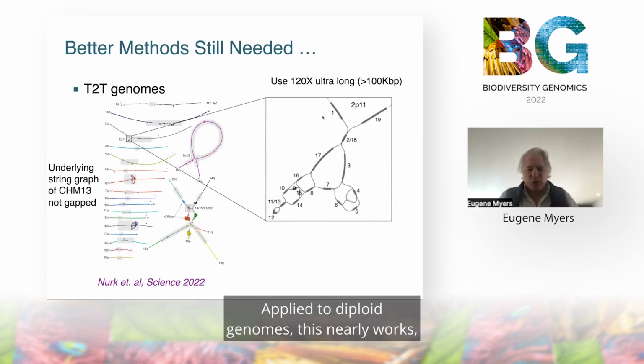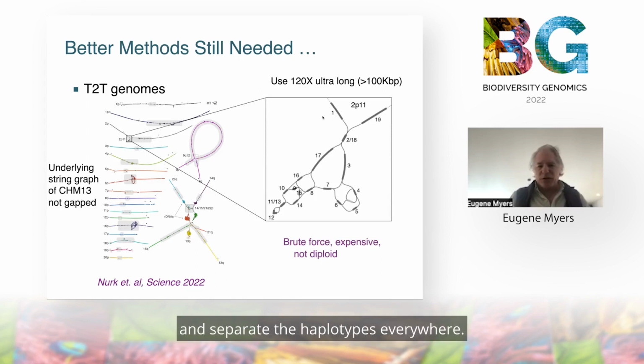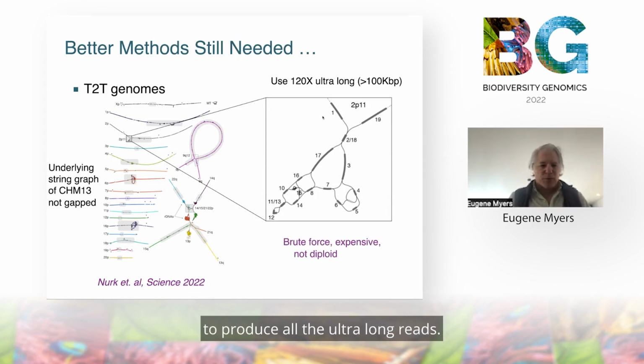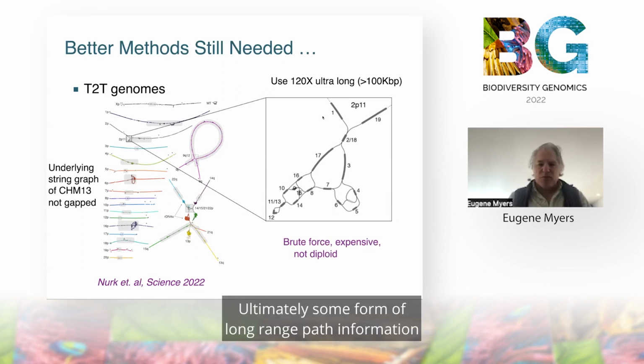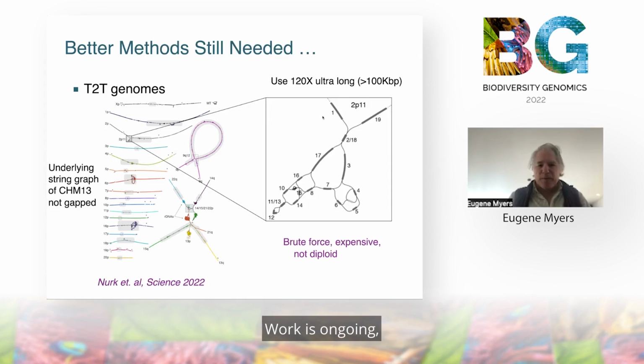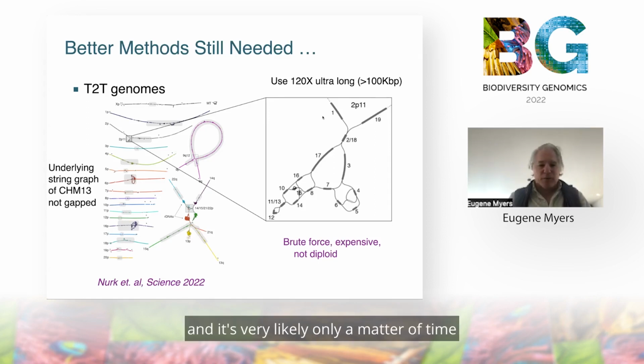Applied to diploid genomes, this nearly works, but is not enough to resolve and separate the haplotypes everywhere. It is also a bit expensive to produce all the ultra-long reads. Ultimately, some form of long-range path information at an inexpensive price point is needed. Work is ongoing, and it's very likely only a matter of time before we get there.